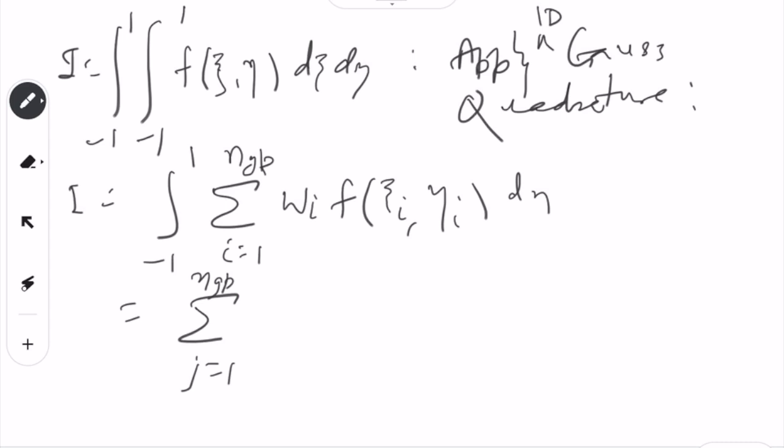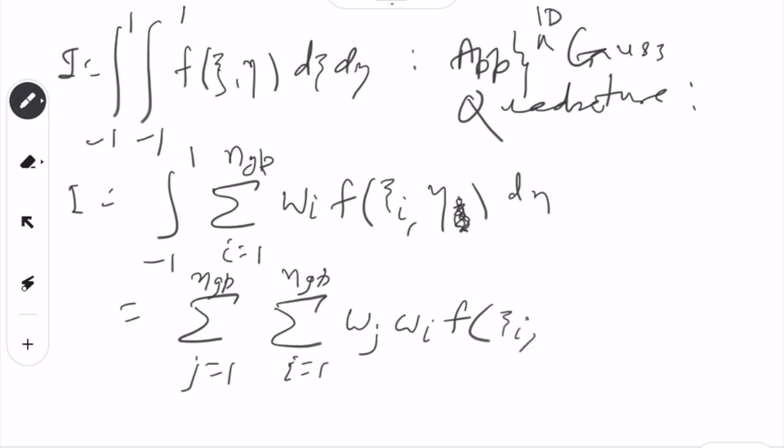Here we are integrating in terms of xi only, so eta will not carry the index i. Now this will be summation w j w i f of xi i, eta j.